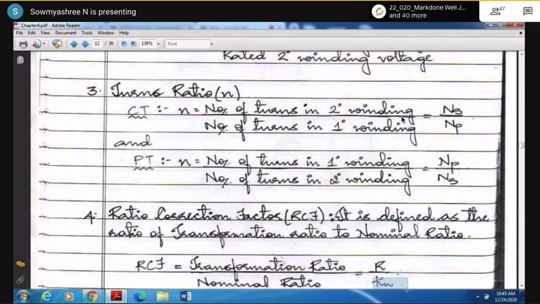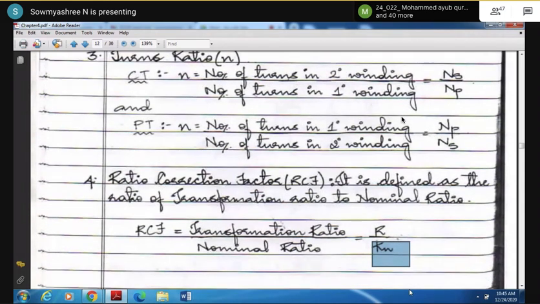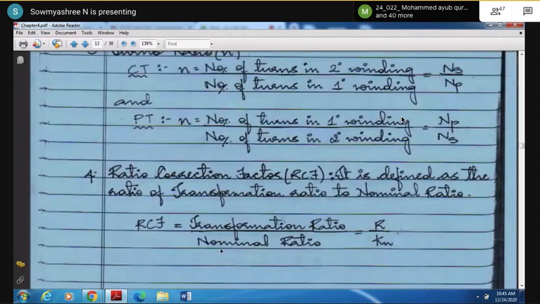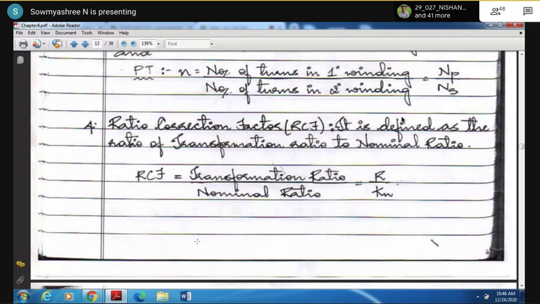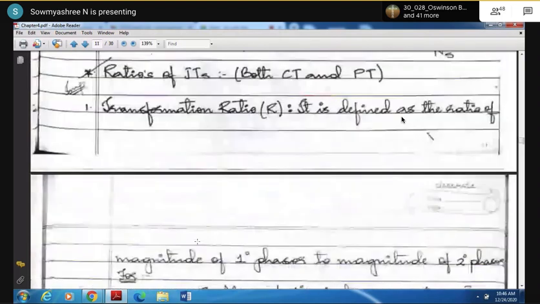The ratio of these two gives us the ratio correction factor, R by Kn. It doesn't have any unit; when it is a factor, there are no units. So you should know these important definitions before understanding the construction and all those things.